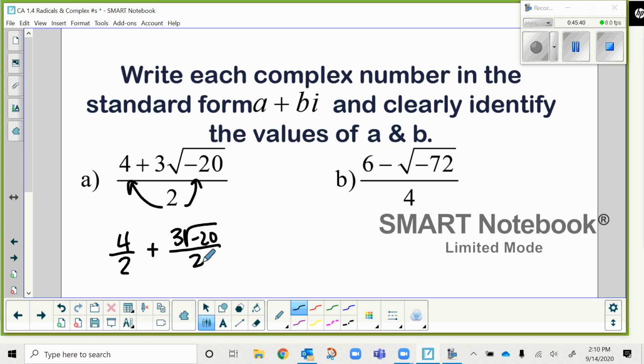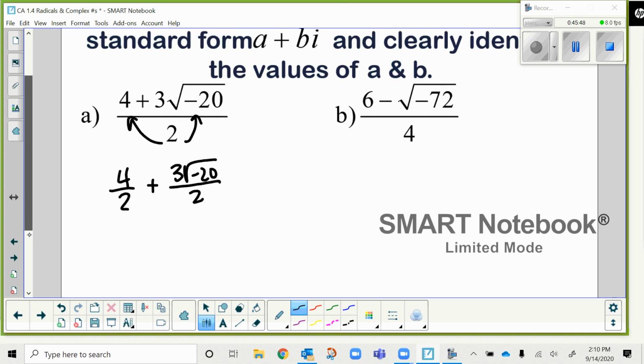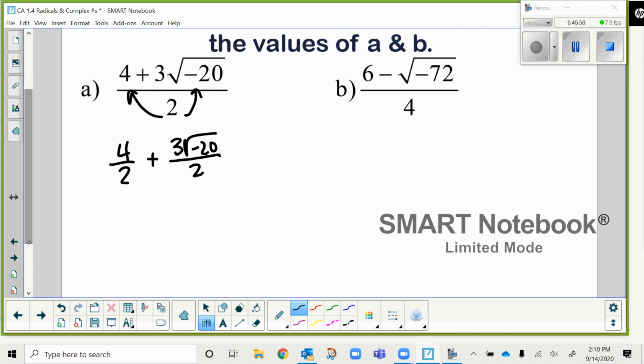You must do that on the first step when you see these kind of problems. Now you can pick your pencil back up. So first step, separate into two fractions. It's like distributive property, but with the division, with the denominator.